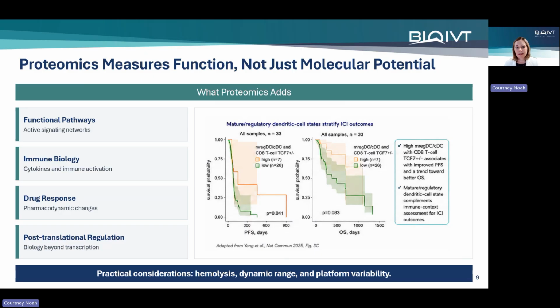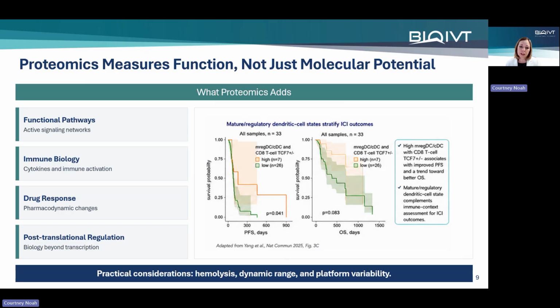They may be things such as phosphorylation events, perhaps cytokines are being released or receptors are activated, and that can't always be inferred accurately from just genomic or transcriptomic information alone. So this is where proteomics is another essential layer, really building a better mechanistic understanding.